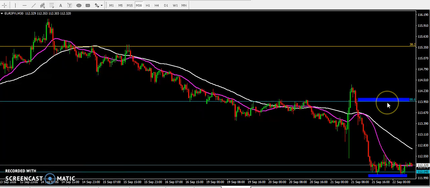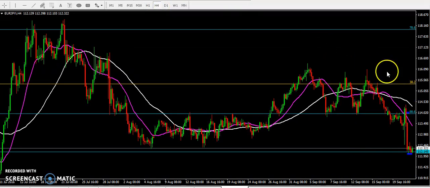You could, but I wouldn't say just do one fatty lot. I would say split up your lot sizes if you wanted to go like long term, like attack that area too, because that could potentially happen as well.